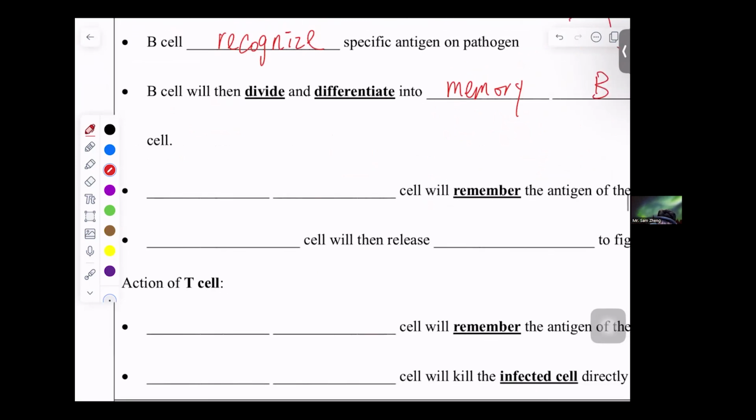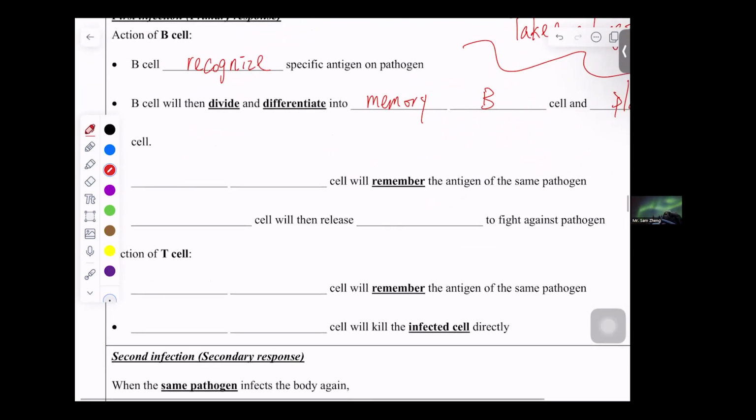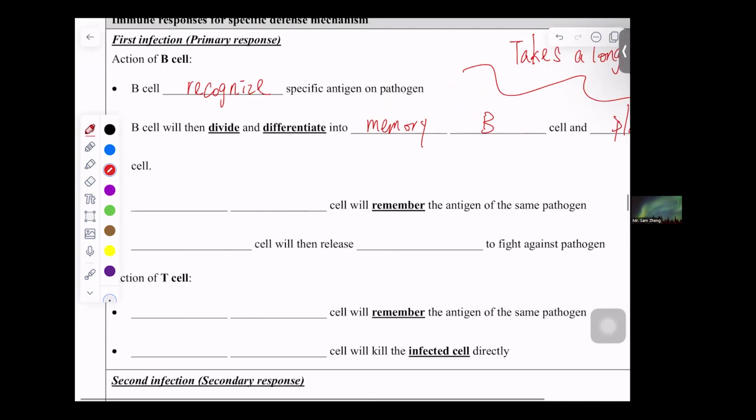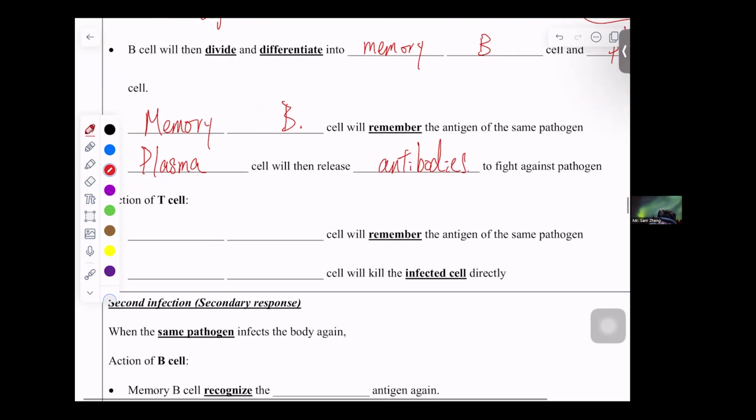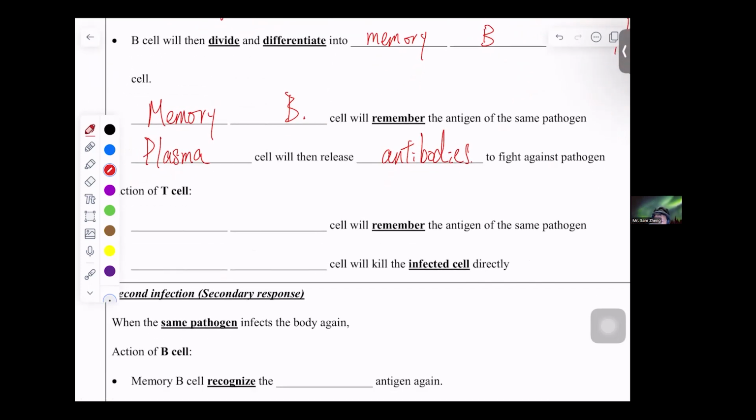Sorry, let me mark it down. The memory B cell and also the plasma cell will release antibodies to fight against pathogens. Now for the T cells, remember, they will also divide and differentiate into two types of cells.